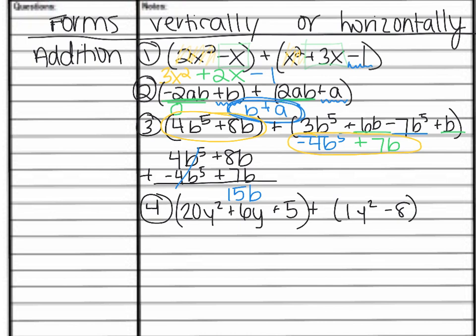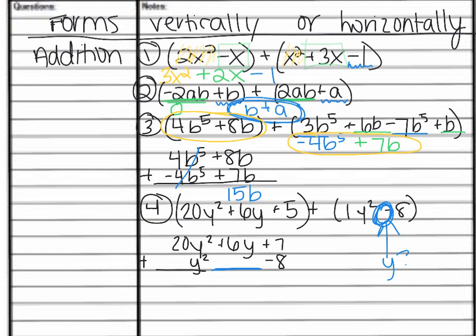So I'll start with 20y squared plus 6y plus 7. And then I'm adding 1y squared. So I'm going to put that underneath my y squared. I need to group my like terms. And then at the end, I'll put negative 8. This time I do not have just a y. So that is why I leave this blank space.